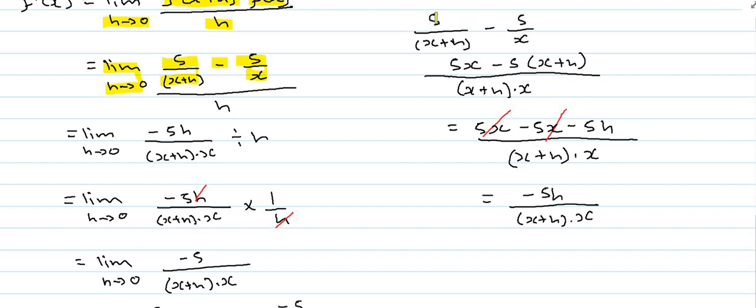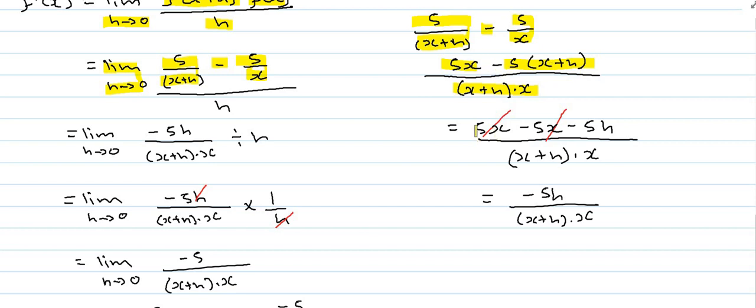Therefore, I said let's simplify 5 over x plus h minus 5 over x. We said the lowest common denominator is x plus h multiplied by x. Then x plus h cancel out x plus h, becomes x multiplied by 5, which is 5x. X cancel out x, we are left with x plus h, which is negative 5 multiplied by x plus h.